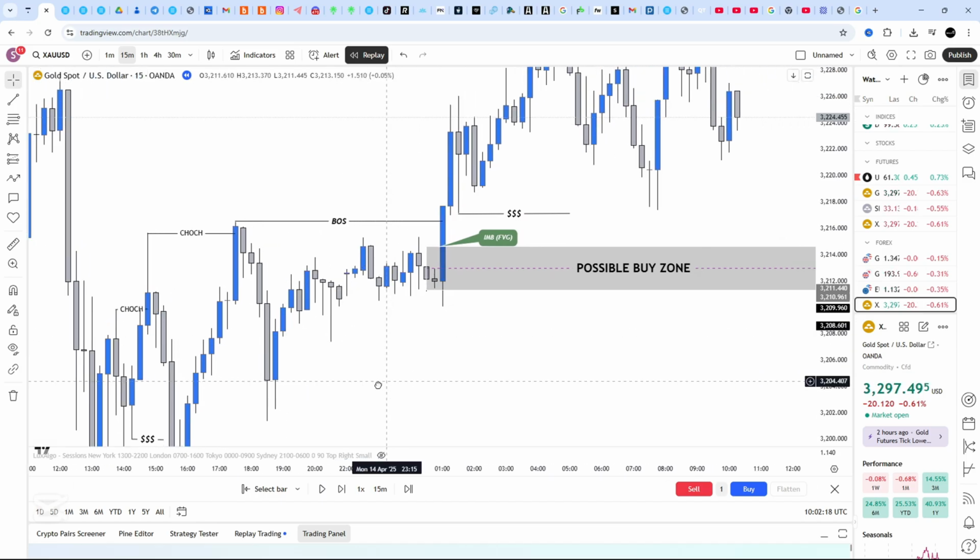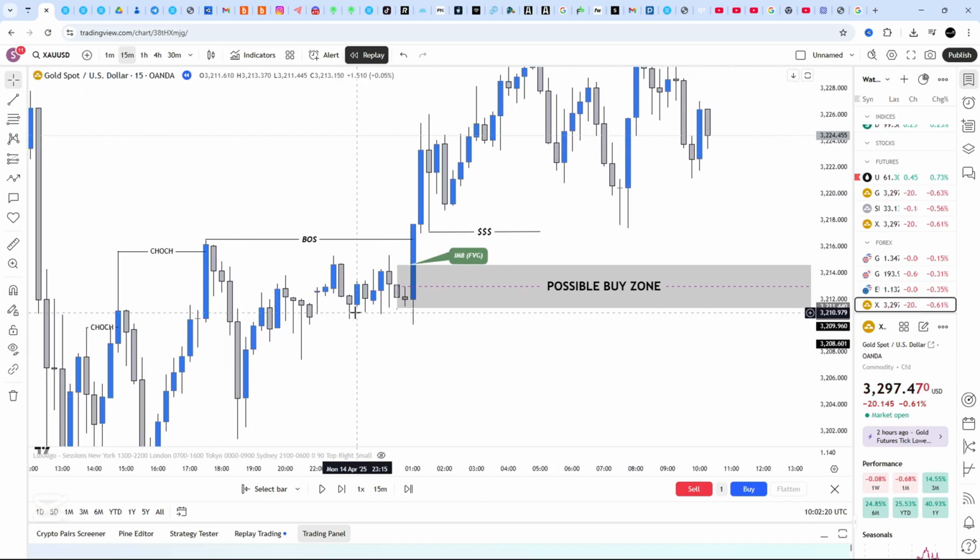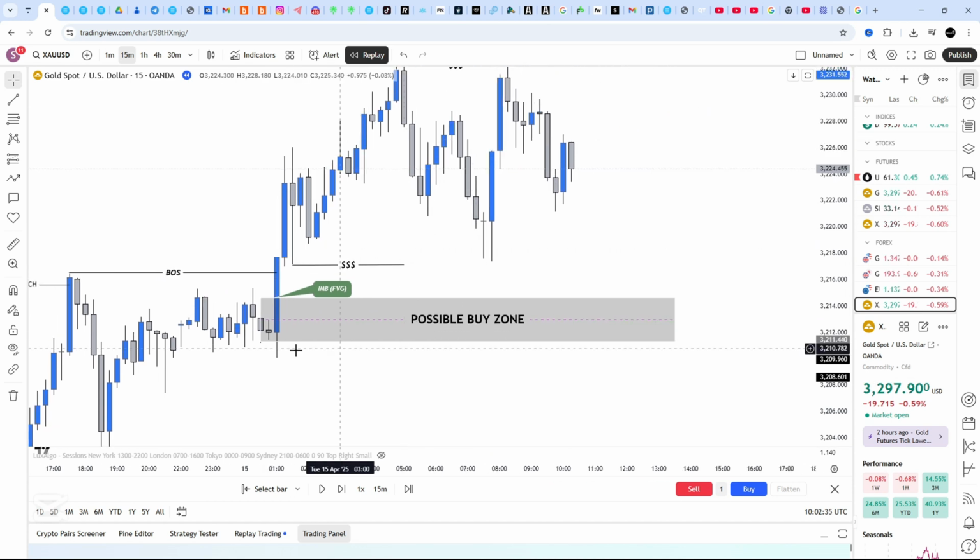So we can see very well that this market is now in a good uptrending mode, and everyone can see with their eyes that this market is really in an uptrending mode, and that this is where we're heading. So why would I mark a zone like this to be my possible buy zone? We know that in an uptrending market, we only take buy entries.